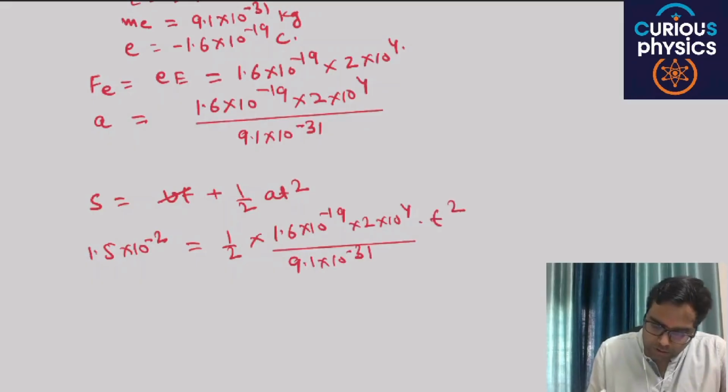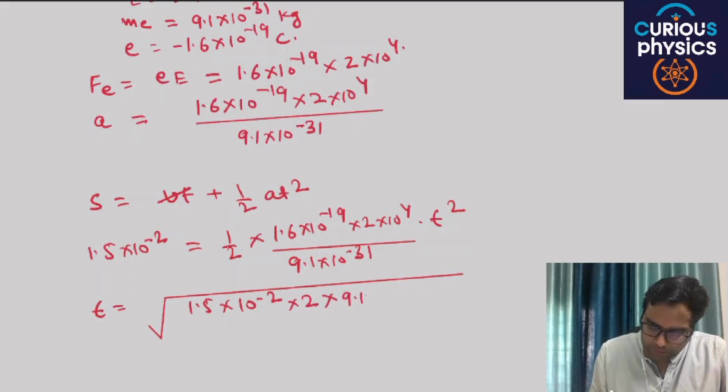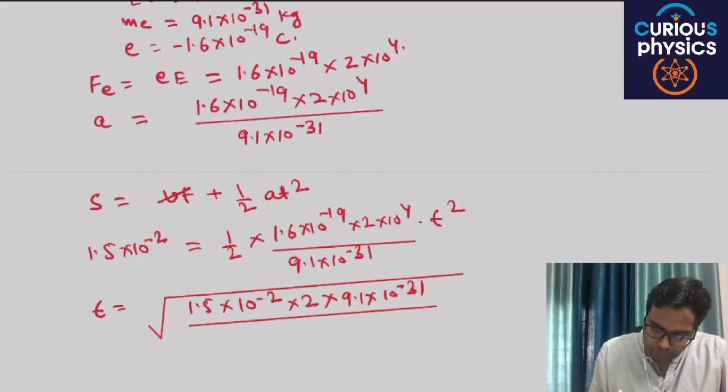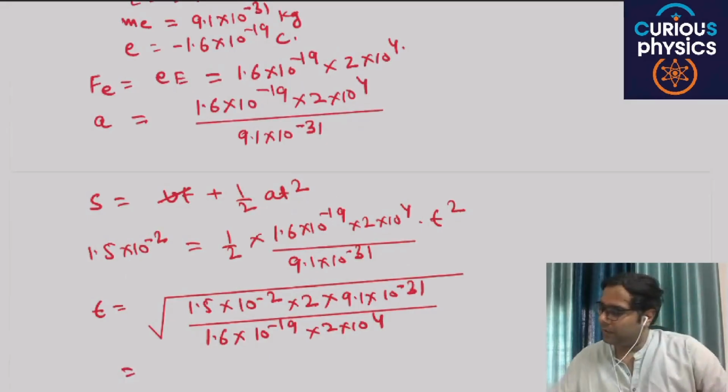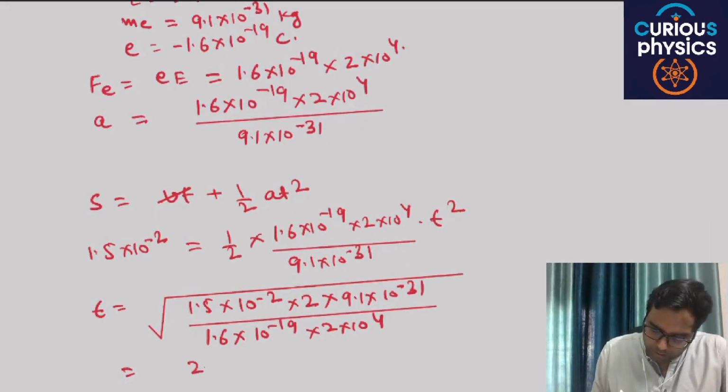So t will be the square root of 1.5 into 10 raised to power minus 2 into 2 into 9.1 into 10 raised to power minus 31 divided by 1.6 into 10 raised to power minus 19 into 2 into 10 raised to power 4, and you will get the time of the electron as 2.9 into 10 raised to power minus 9 seconds.